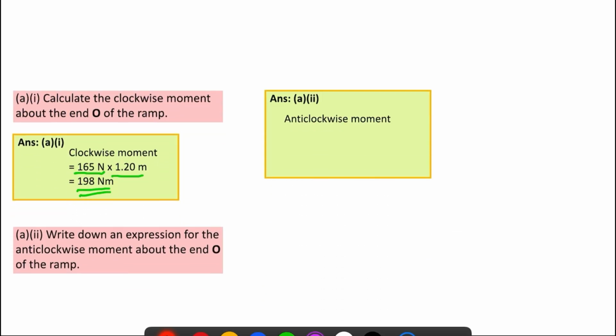Okay, so anti-clockwise moment is vertical force times the perpendicular distance plus horizontal force times the perpendicular distance. Simplify it, you'll get 2.4 Fv plus Fh. Next question.